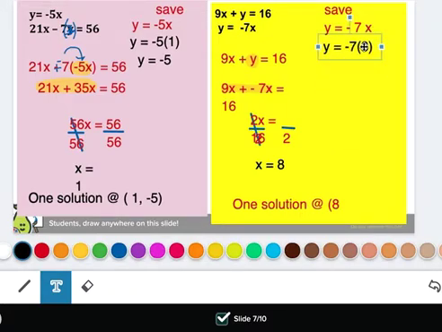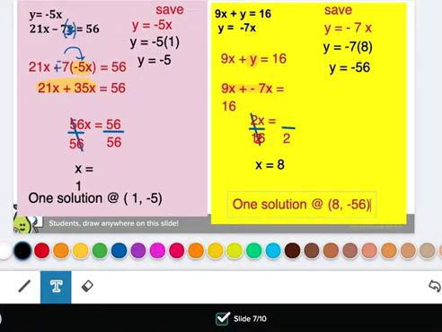Okay, so y equals -56. So it's one solution at 8 and -56, the two answers at the bottom.